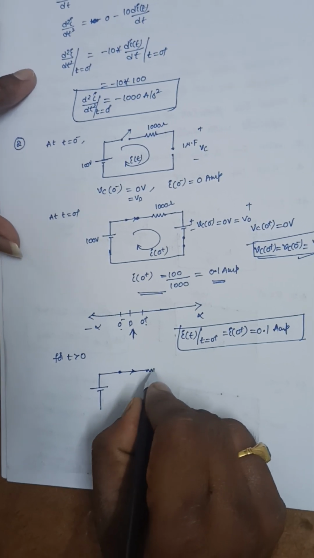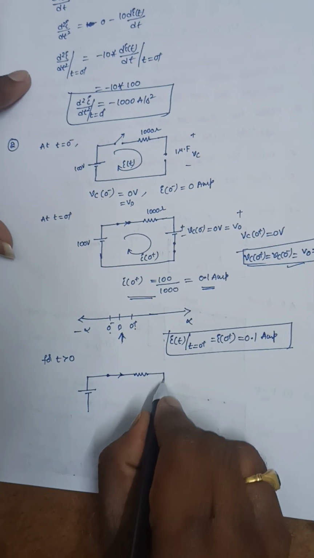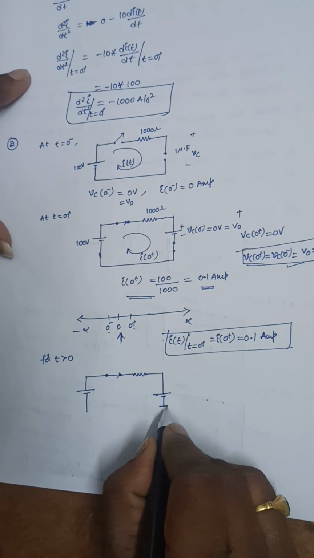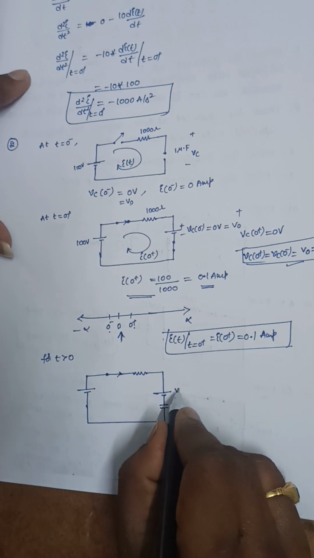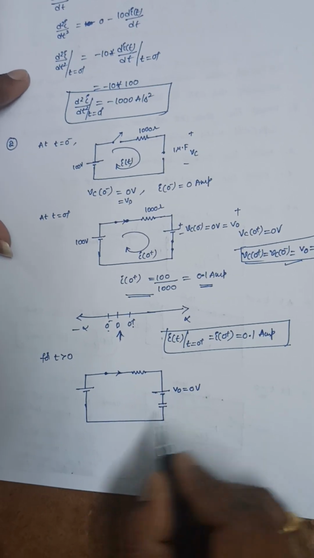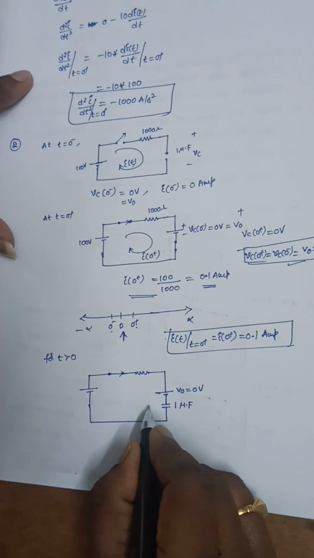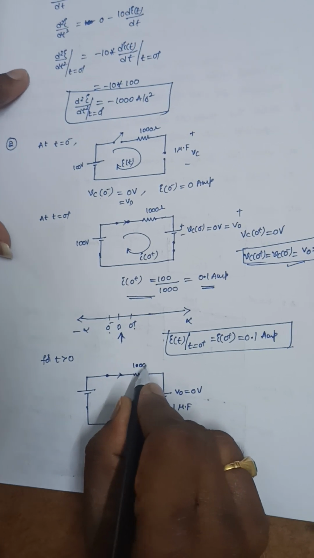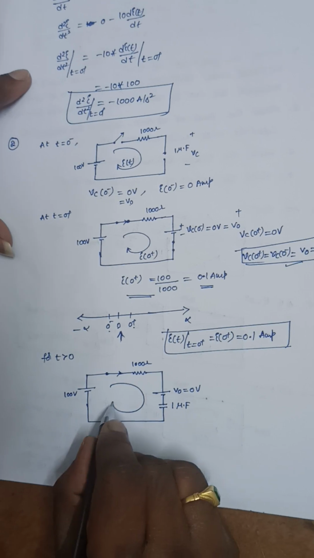Now this is the equivalent circuit for t greater than 0. It is V0, that is equal to 0 volts, and this is the capacitance value, 1 microfarad. Now this is 1000 ohms, 100 volts, and this is I of t.